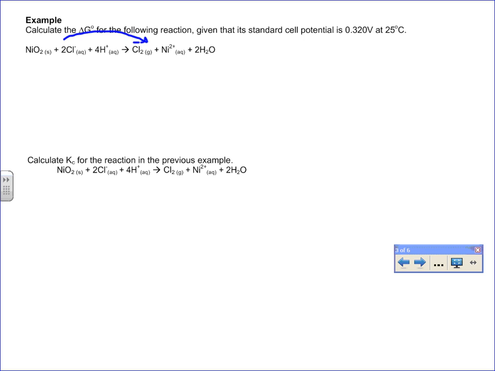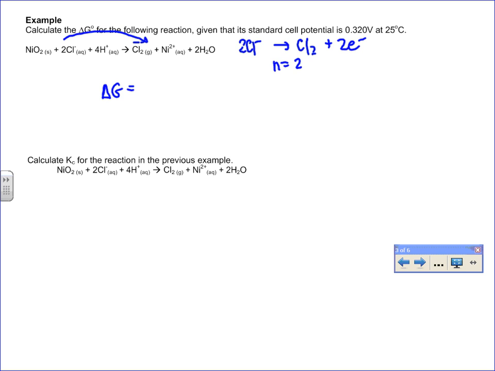So you need to actually determine that. In this case, you only need to look at one of them from the balanced chemical equation. I'm choosing to look at chlorine because it's the easiest to see. And you can see from the half reaction that the number of electrons that are transferred is 2. So the moles of electrons I'm dealing with here is 2.